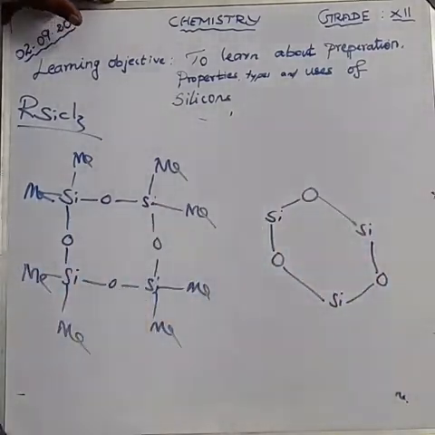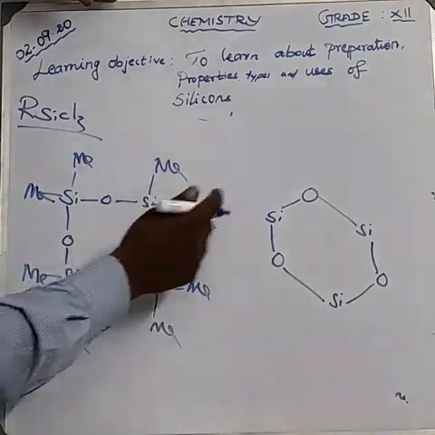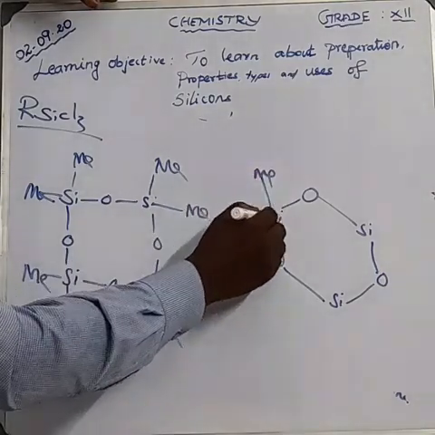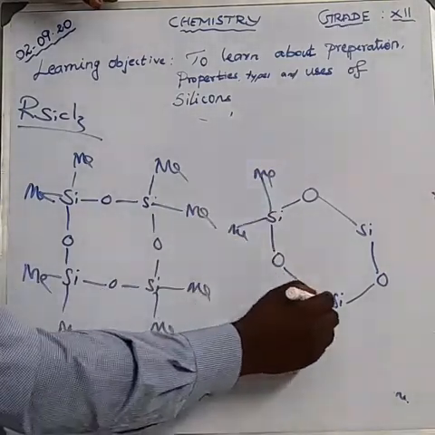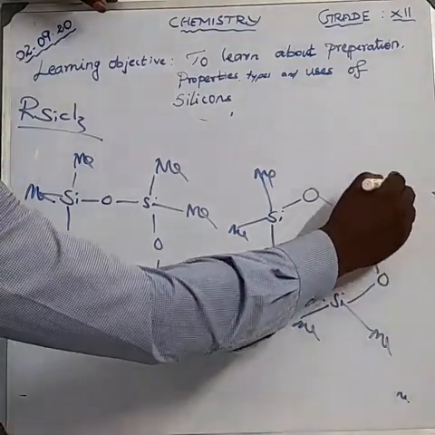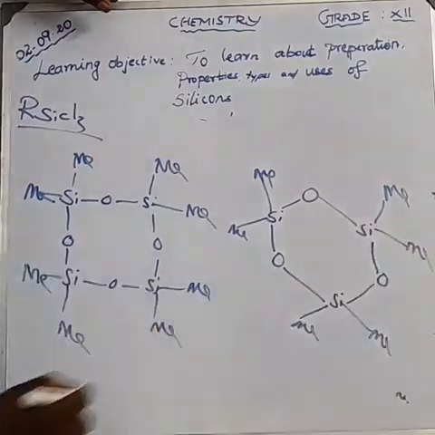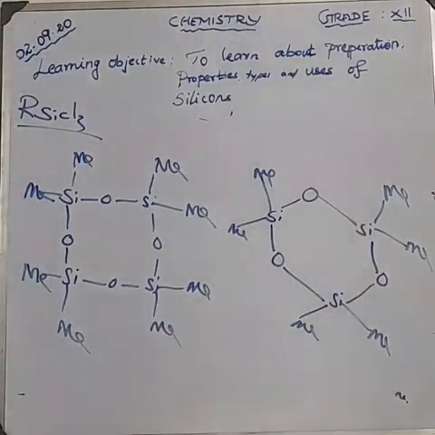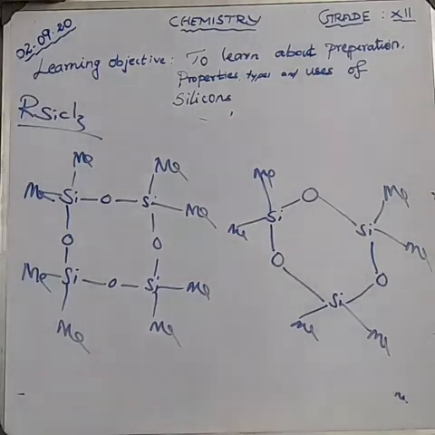Each silicon has 2 methyl groups. Can you write? Clear? This is a very complex cross-linked polymer.